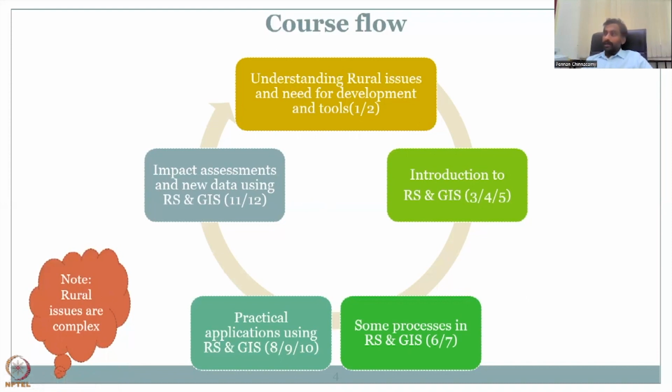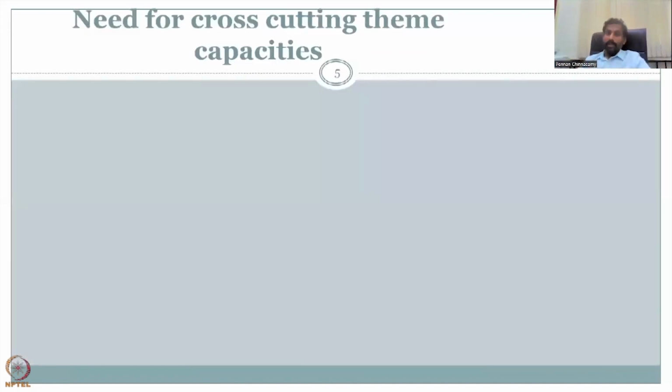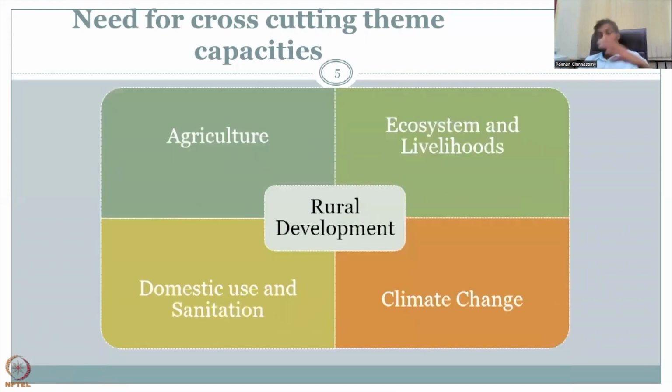Also, we said that rural development is a very complex issue, because it is not just water, it's not just food, it's not just social, it is not just economic, but it is a cross-cutting theme where you have agriculture, which is dependent on natural resources such as water, soil, nutrients, sunlight, but also dependent on ecosystem and livelihoods, domestic use and sanitation, and climate change.